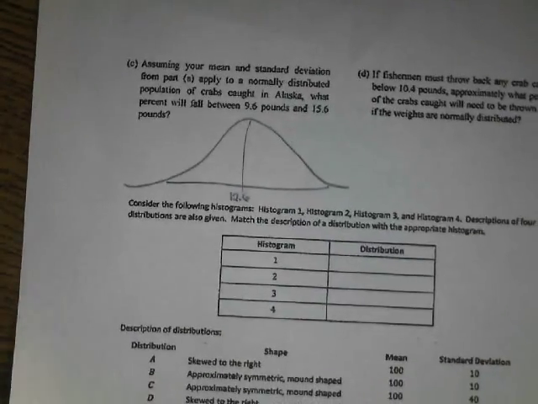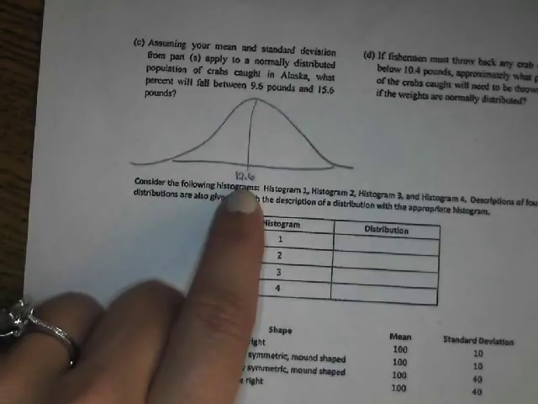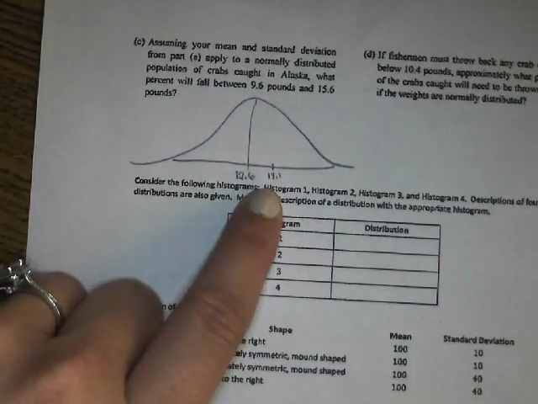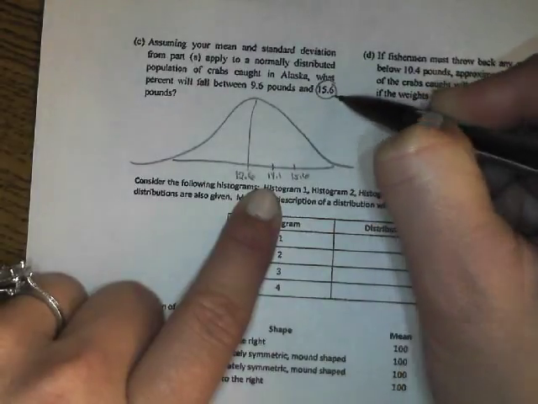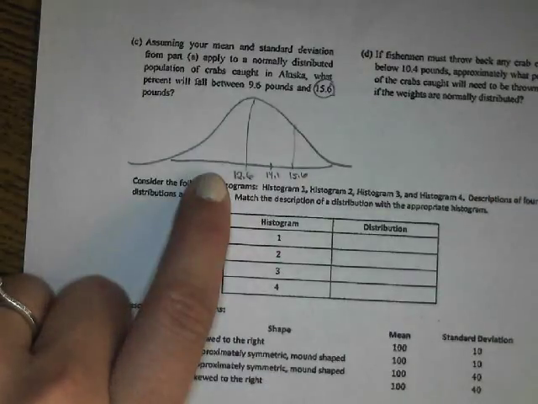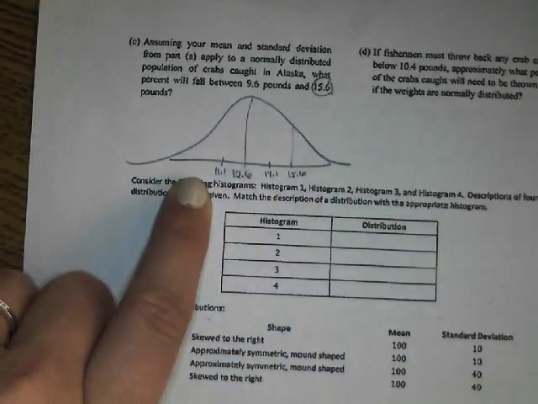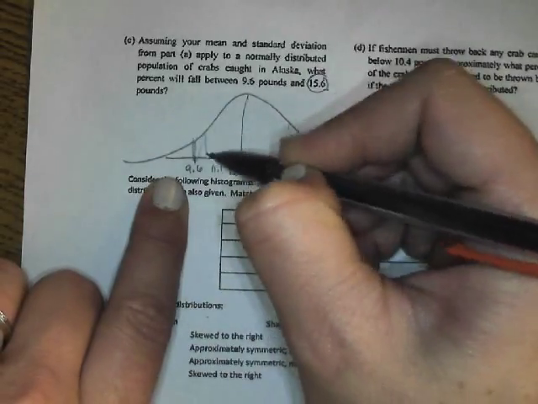And our standard deviation was 1.5. So if I go 1.5 above 12.6, I get 14.1. If I go 1.5 more above that, I'm at 15.6, which is perfect because that's the upper limit of what we're looking for. And on the downside, if I go 1.5 lower than 12.6, I'm at 11.1. And 1.5 lower than that would be 2 standard deviations away, 9.6. Perfect. Those are my 2 limits.